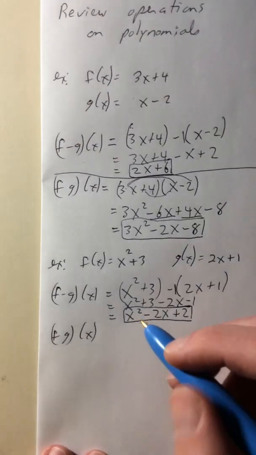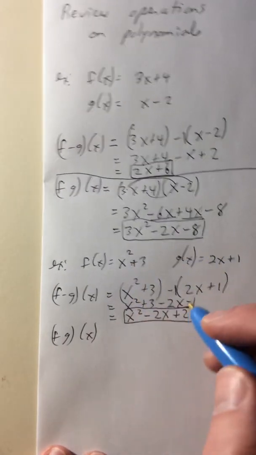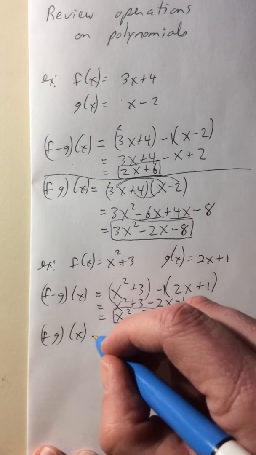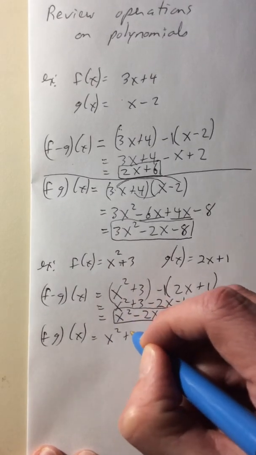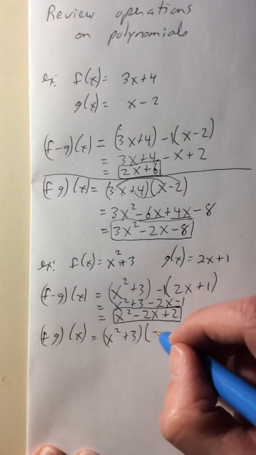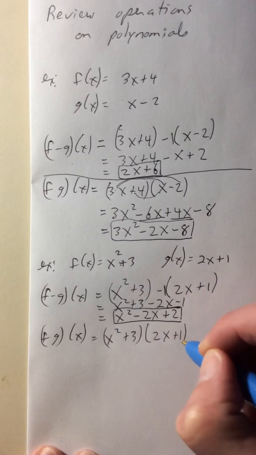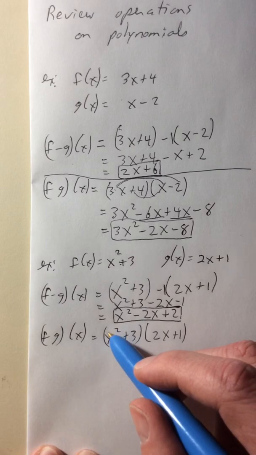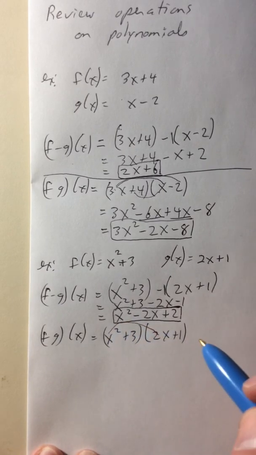And then lastly, we're going to multiply these two here. And again, we're going to use the FOIL method. So we have the first thing in parentheses and the second thing in parentheses. And we do the firsts, in other words, the first one here and the first one there.